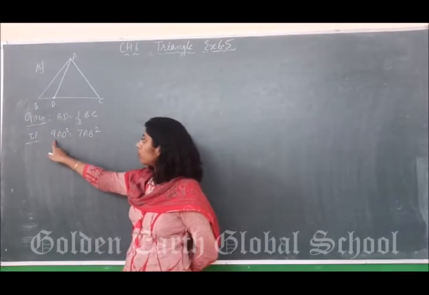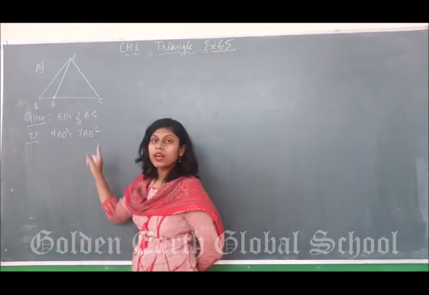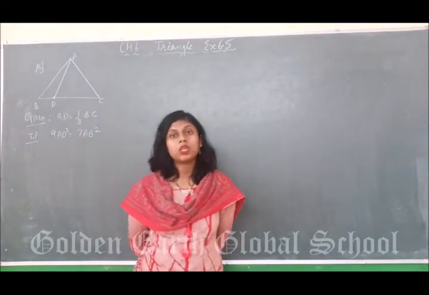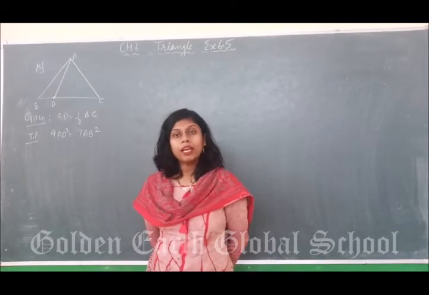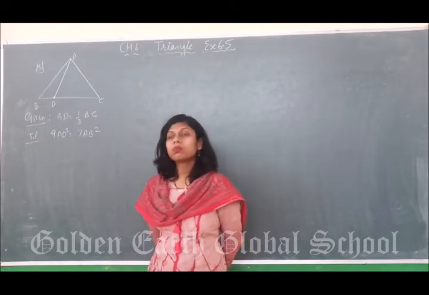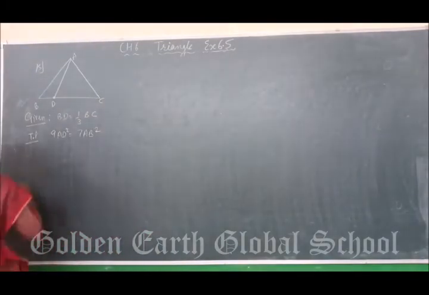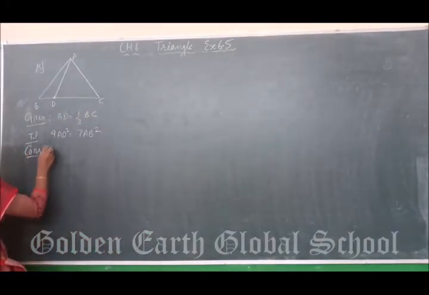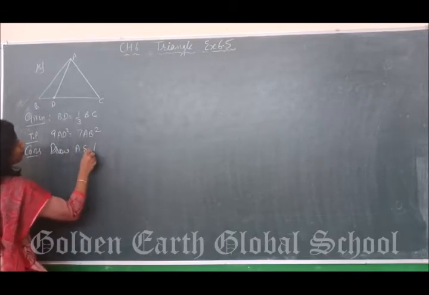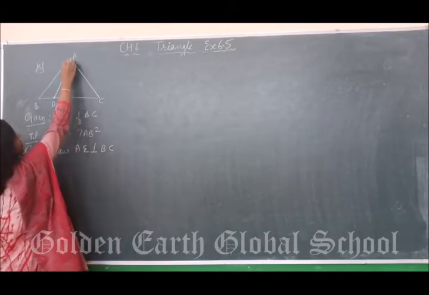And we have to prove 9AB square is equals to 7AB square. Here we have to apply Pythagoras theorem, but for Pythagoras theorem we need one perpendicular. So we will do a construction here. Draw AE perpendicular on BC.